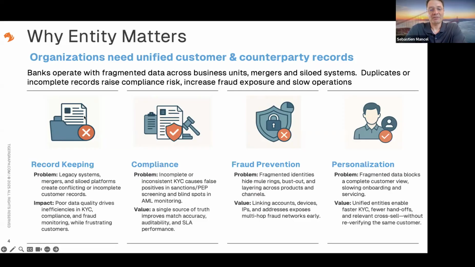By linking accounts, devices, and IPs, organizations can spot multi-hop fraud networks early. Finally, personalization. Fragmented data prevents a complete customer view, leading to slow onboarding and disconnected experiences. Unified entities allow for more relevant cross-sell and upsell opportunities without re-verifying the same customer over and over.